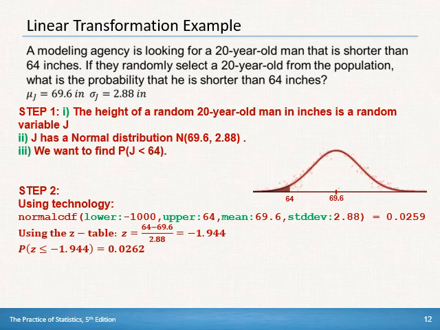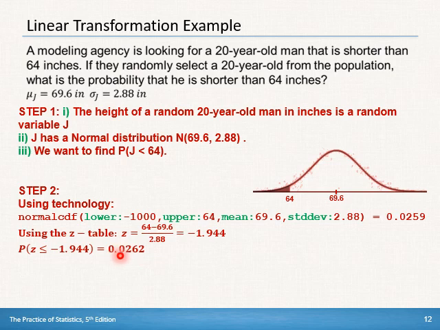Now, I'm also showing you here how you would do this with your z-score table. You would first calculate your z-score, and that's -1.944, and then you would pick up your z-score table and look for this value. Well, we would really have to look for -1.94. Remember, 1.9 is on the left of the negative side, and then the 0.04 is up at the top, and then this would give you this value.